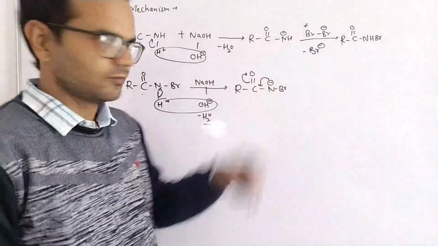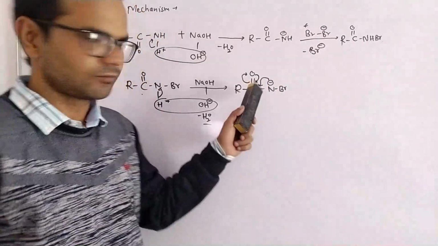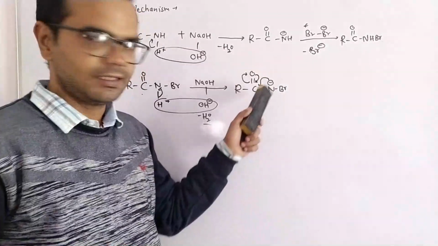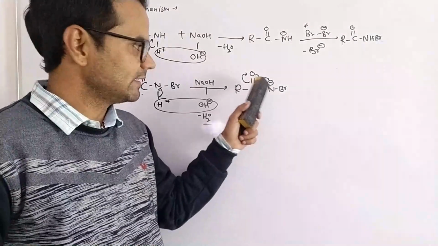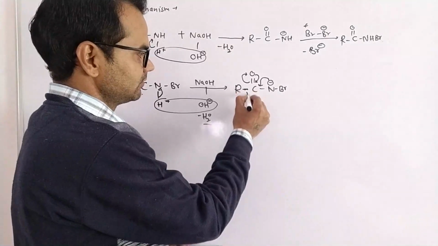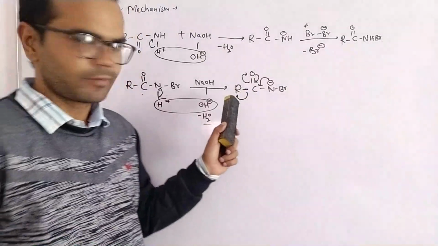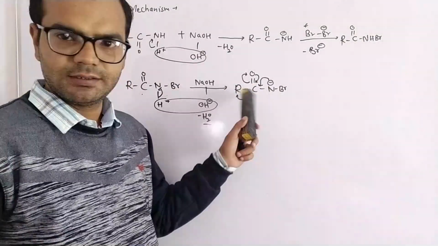So there is increased charge density on carbon. To minimize the charge density, these electrons are taken by the alkyl group and R negative is eliminated in this step.